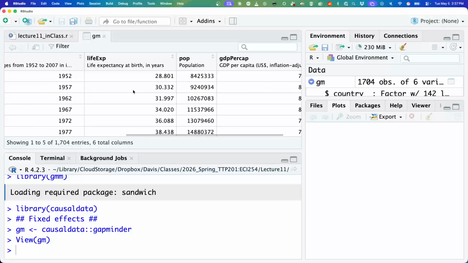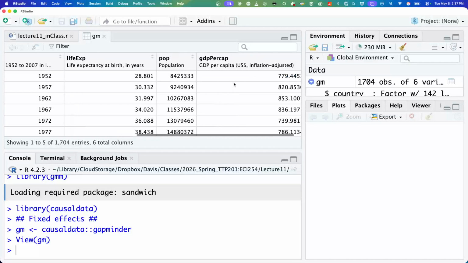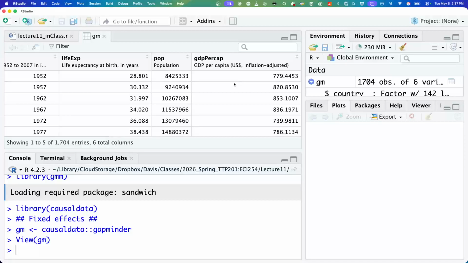So we are interested in how GDP per capita influences your life expectancy, right?